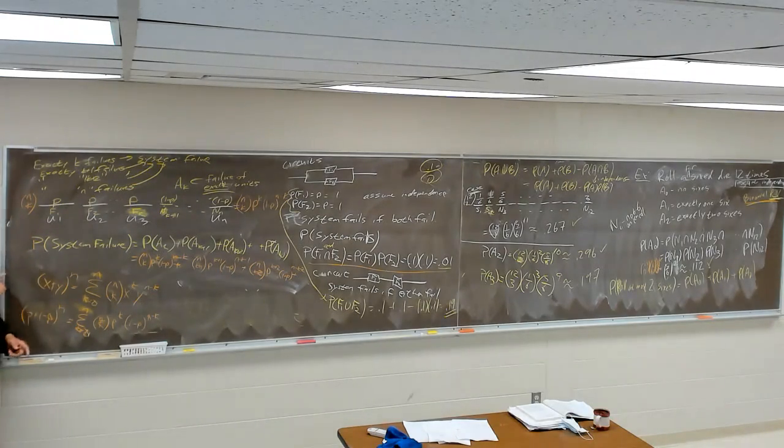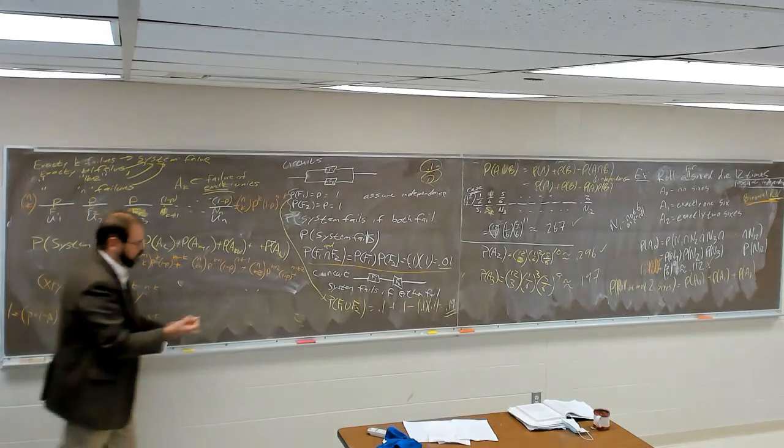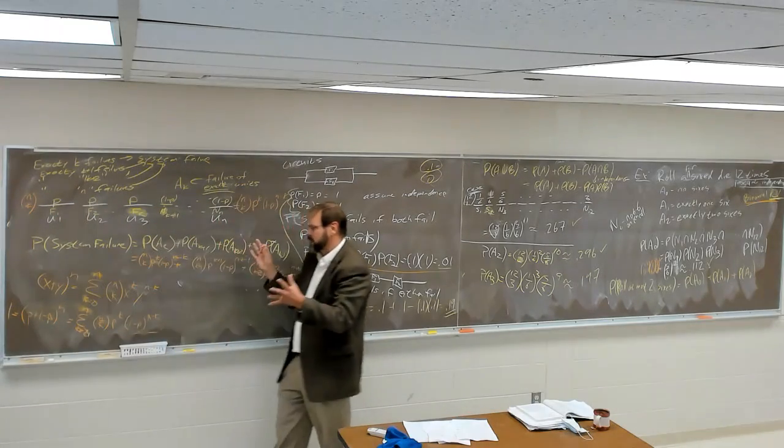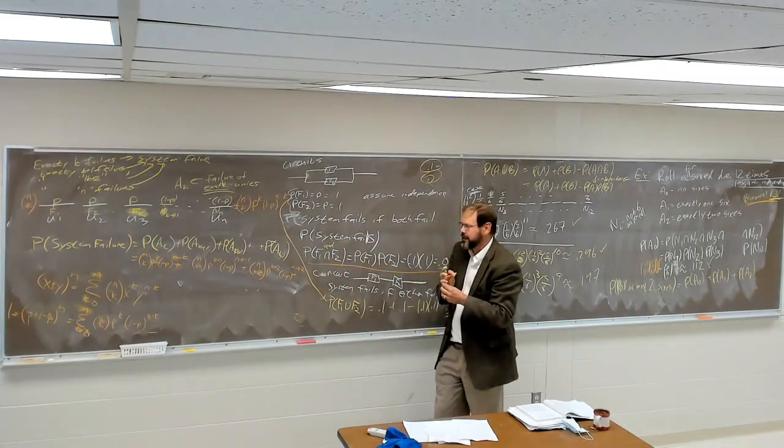And what is (p plus 1 minus p) to the n? 1. Okay. Which we expect. If I add up everything that could possibly happen, it should add up to 1.